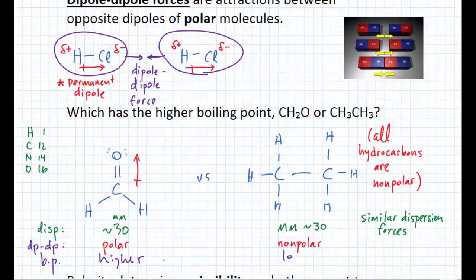Boiling point, lower. The addition of dipole-dipole forces to that polar molecule will be something else that's pulling those molecules towards each other, which will require a higher temperature to pull them apart, to separate them.